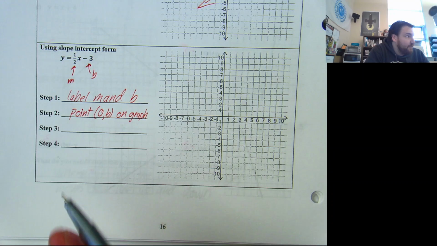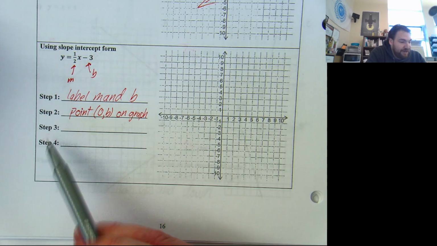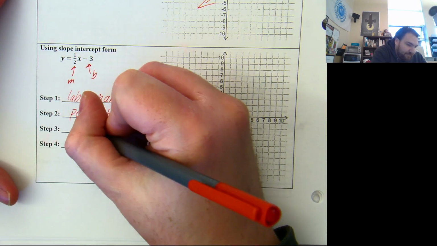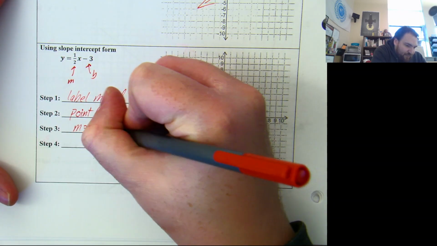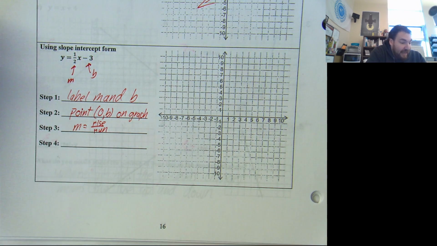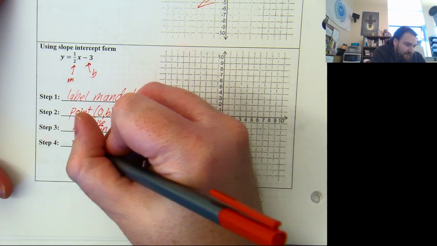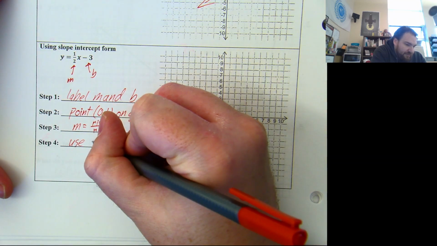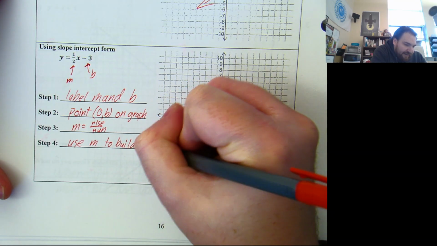Label your y-intercept is what we're doing here. Put it on the graph. Step 3, M equals a rise over a run. We're actually going to label that. And then step 4, use M to build a line.